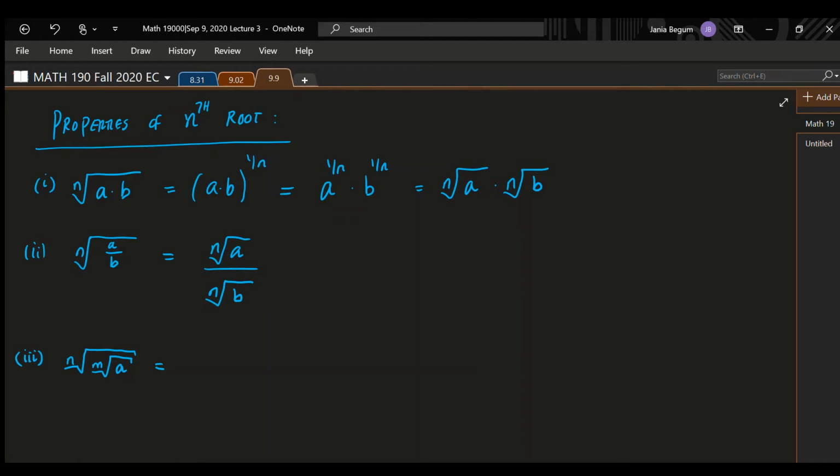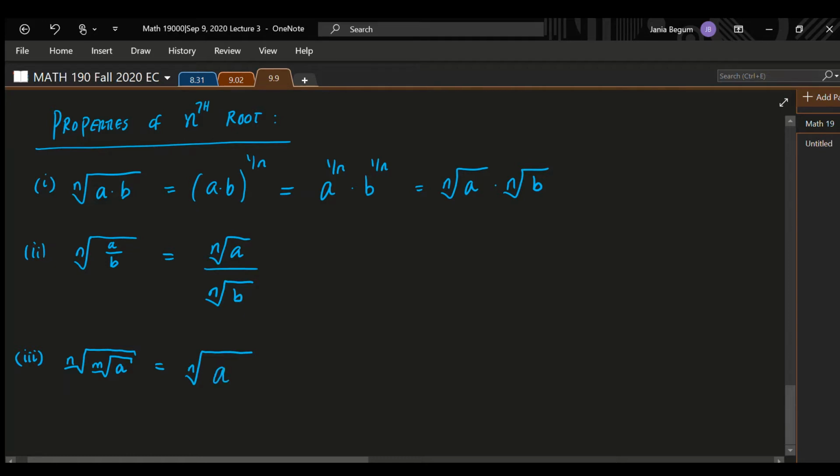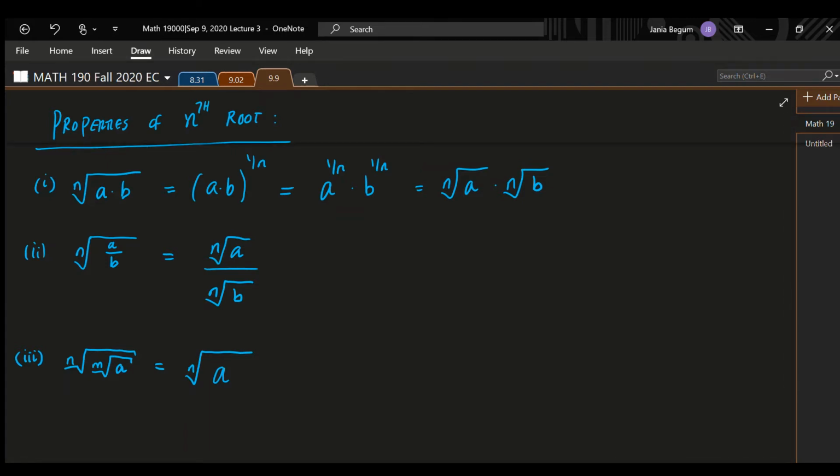To get the rule for this one, I'm going to rewrite the radical that's inside first, so keep the nth root outside. How do I rewrite the mth root of a in exponent form? So who can tell me what the mth root of a is?